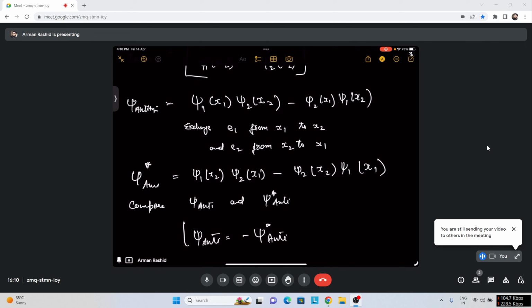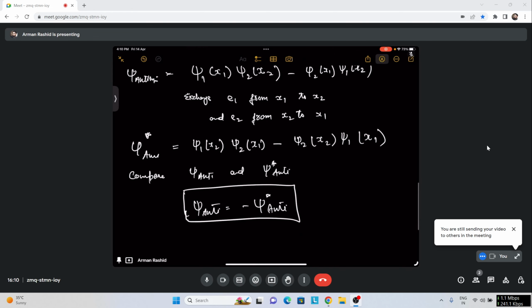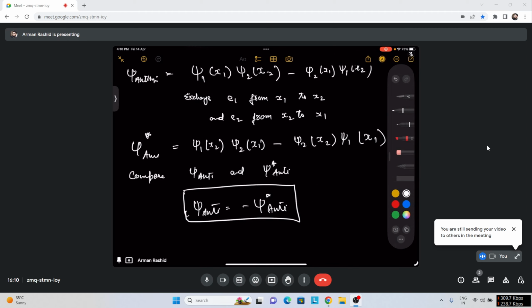So this is called an anti-symmetric wave function for fermions.